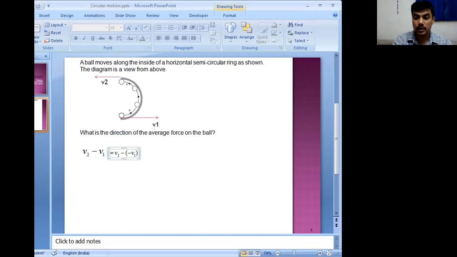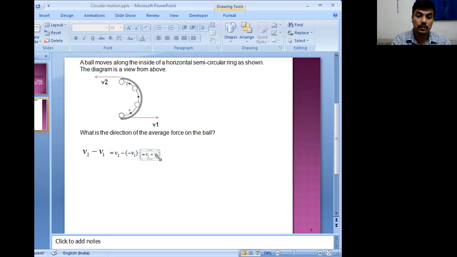Now, if I do it, you can understand that you will get just the sum of V2 and V1, because of course the negative of a negative quantity will give you a positive quantity. That is what will give us the change of velocity.